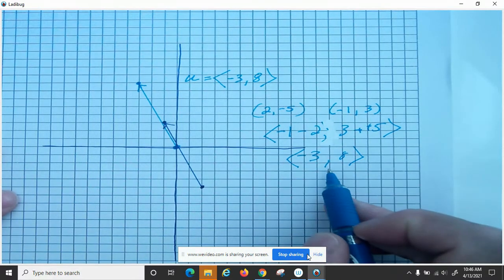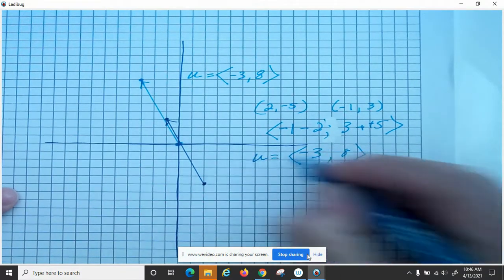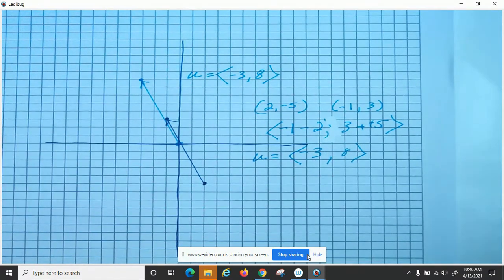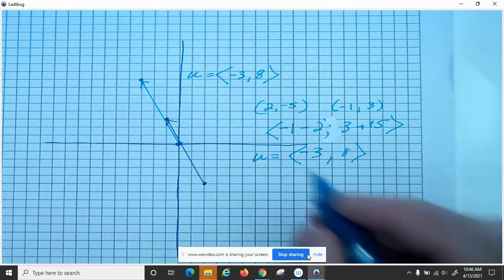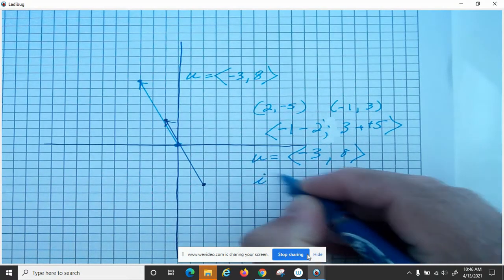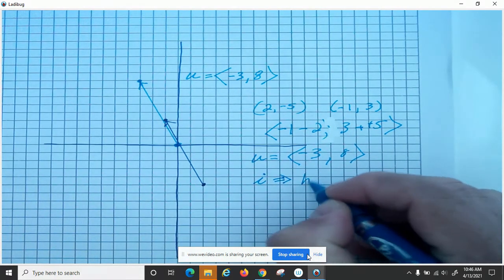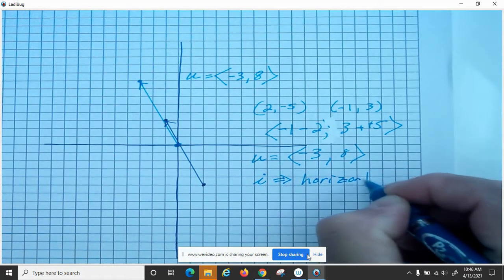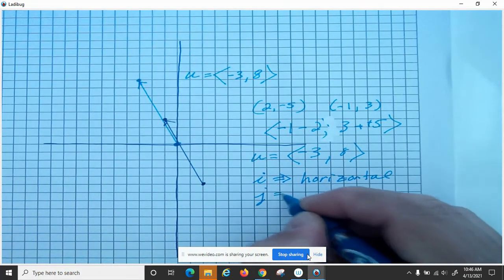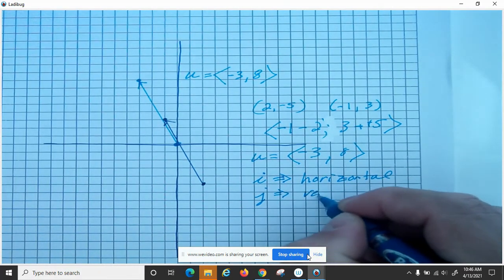Okay, so I now have it in component form, and I want to write it as a linear combination. Now, as I mentioned, i is going to be the horizontal component, and j is going to be the vertical component.